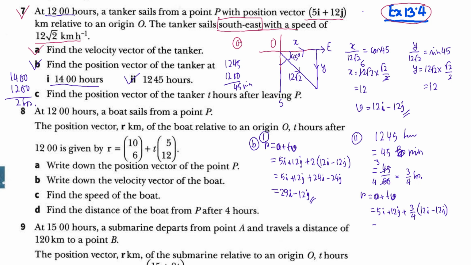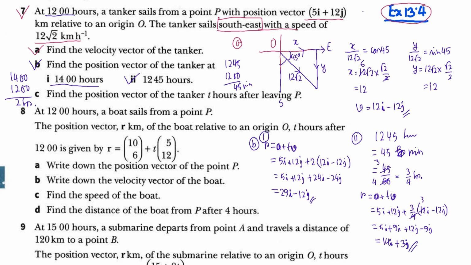Let you write it, 5i plus, we can cut out 4, 3, so it gives us 9i, and let you write the 12j, and also the second part minus 9j, and 9 plus 5 is 14i, and plus 12 minus 9, which gives us 3j. And this is our final position of this vector.